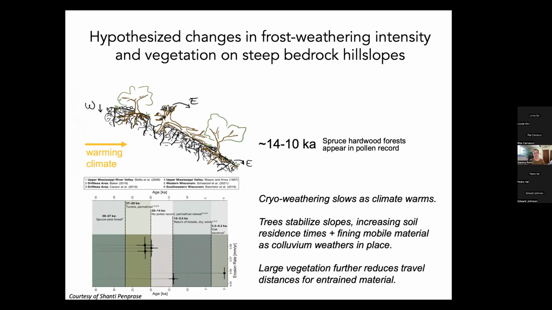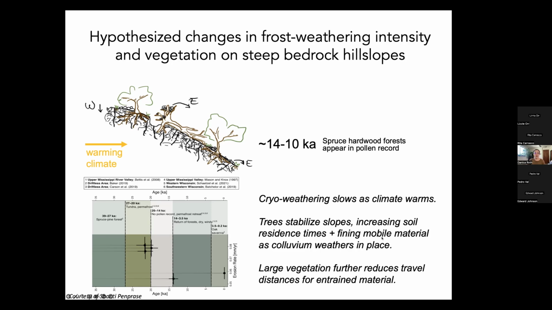Now, at that point, trees would stabilize slopes, increasing the soil residence times, causing mobile material to fine as regolith weathers in place, and then the large vegetation showing up would also reduce travel distances for the material once it's entrained. So I'm not going to get all the way to testing this hypothesis in this talk, but we'll use Joe's data to show you how a non-local convolution can let us explicitly model each of these processes independently in a way that's not feasible with diffusive models.